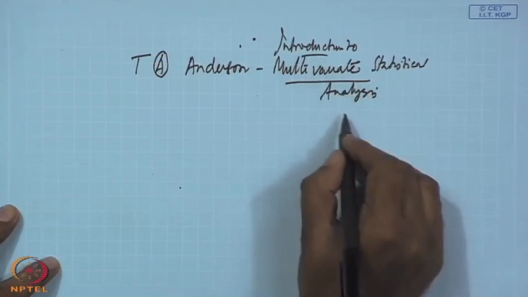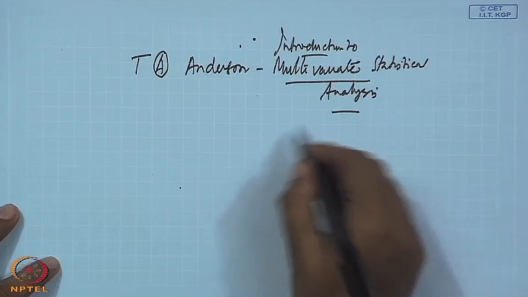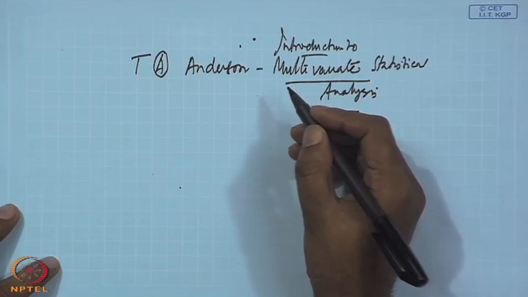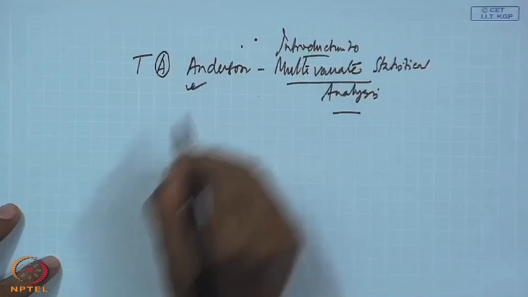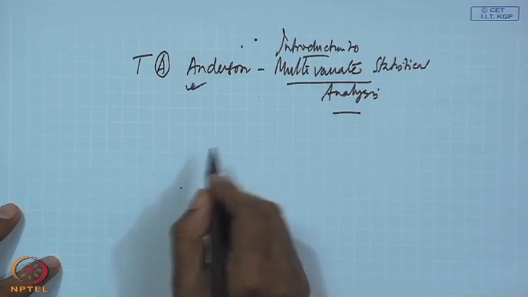This is a very good book, earlier than Johnson and Wichern, but the treatment is a little different, in the sense that it will be difficult for us to follow. So, the first part is available in this book, and the second and third parts are available in Johnson and Wichern.